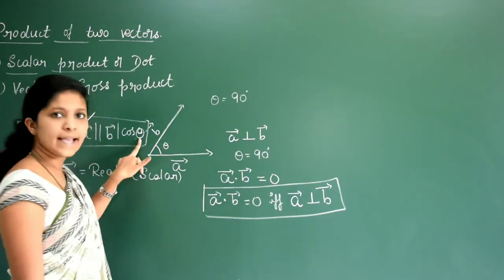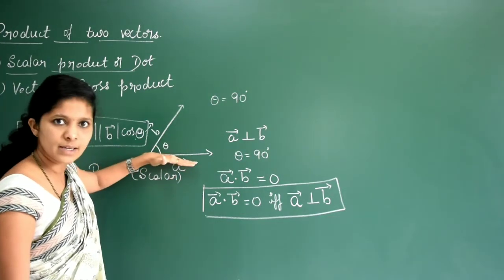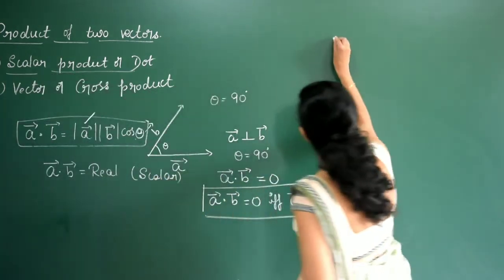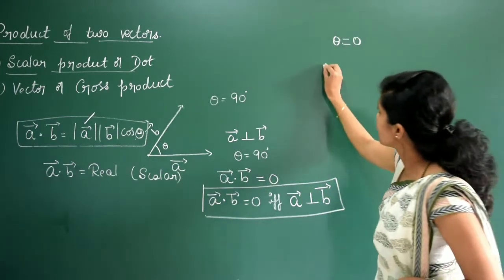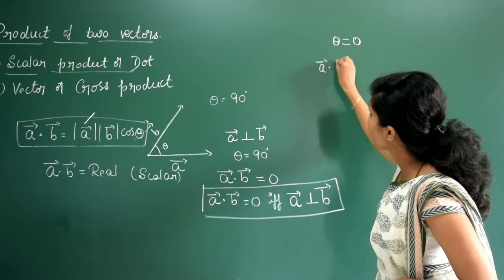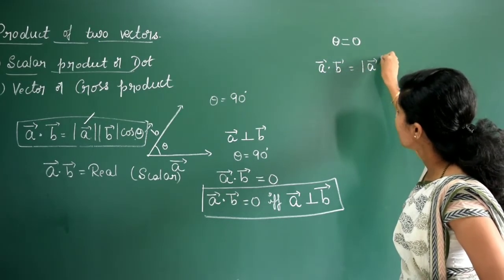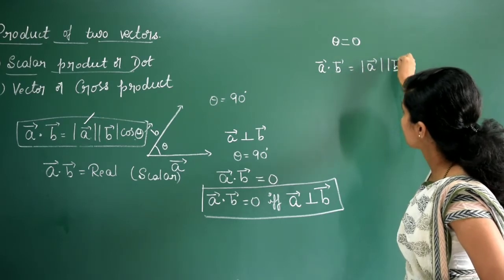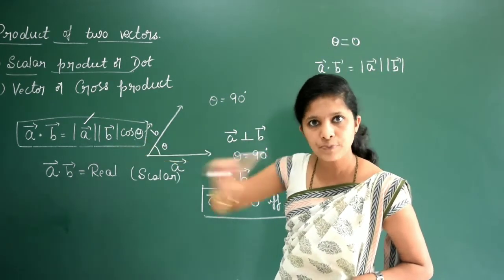If the angle between them is 0, A vector and B vector are both the same. So if angle theta is equal to 0, then the dot product A vector dot B vector will be equal to magnitude of A vector into magnitude of B vector, right? Since angle theta is equal to 0, cos 0 will be 1.